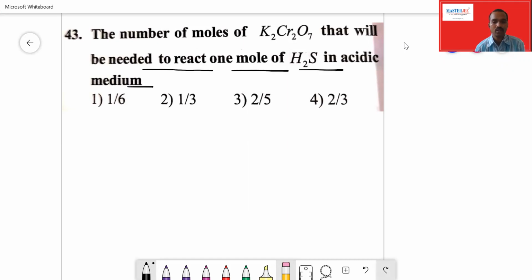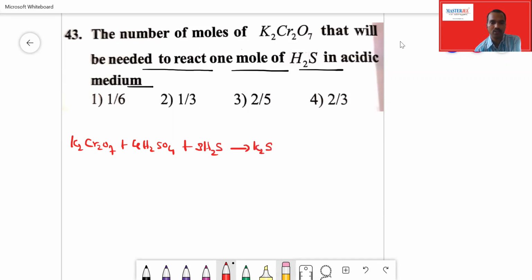See the reaction here: K2Cr2O7 plus 4H2SO4 plus 3H2S gives rise to K2SO4 plus Cr2(SO4)3 plus 7H2O plus 3S. They're asking the number of moles of potassium dichromate that has to react with hydrogen sulfide.